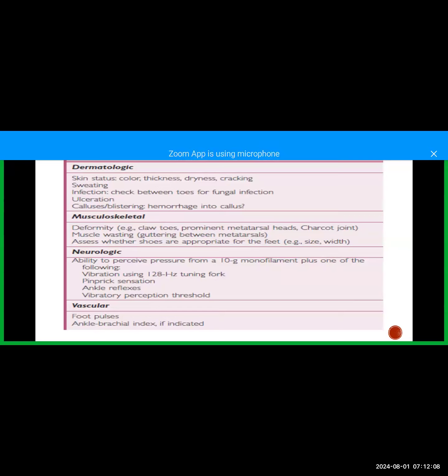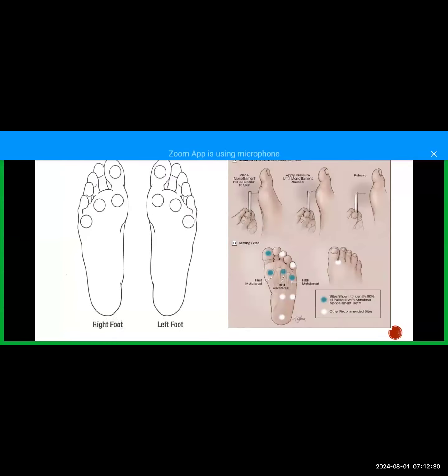In dermatological examination, check for thickness, dryness, or cracking of the skin; musculoskeletal, deformity of the foot; neurological examination, use of monofilament, vibration sensation, and pinprick sensation; vascular examination using foot pulses and also ankle brachial index. Use of monofilaments: there are 4 sites, and these are the 2 commonest sites for monofilament examination. If 2 of 4 are lost, it means the patient has loss of protective sensation.